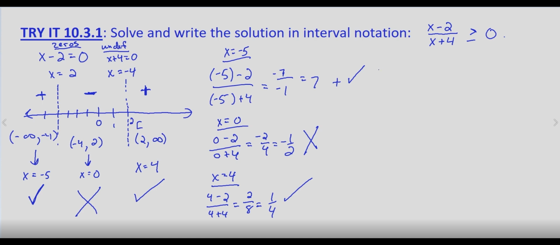Our solution in interval notation is negative infinity to negative 4, combined with, which we represent with a big U for union, a square bracket, because at 2, 2 minus 2 is 0, which is greater than or equal to 0 because it's equal to 0. So we have square bracket 2 to infinity. In these two intervals, the inequality we're given is going to be true. It's going to be greater than or equal to 0.